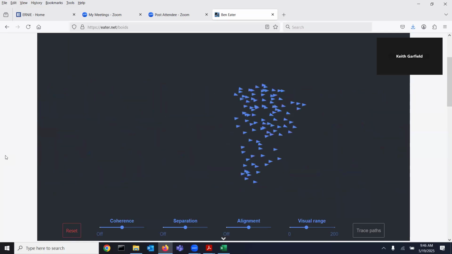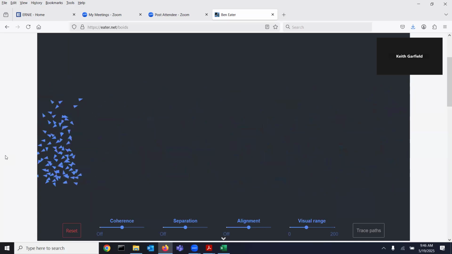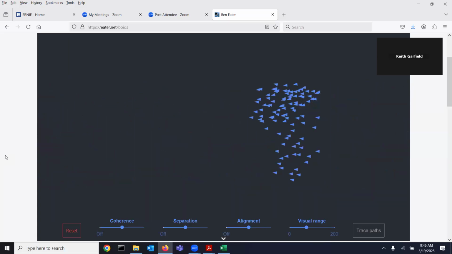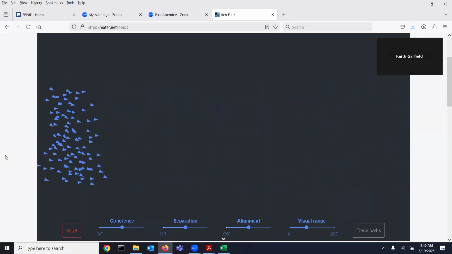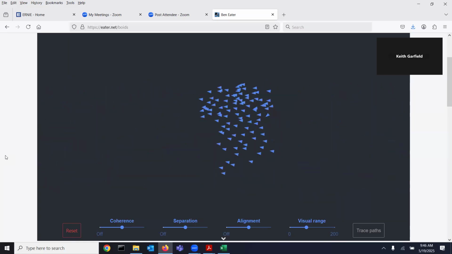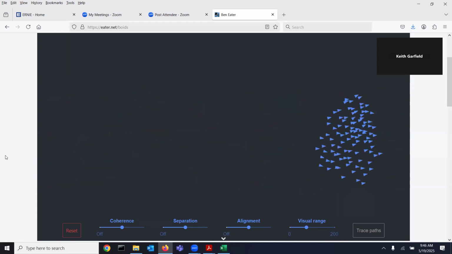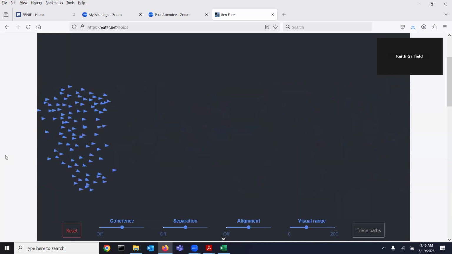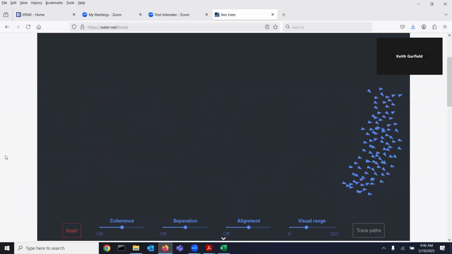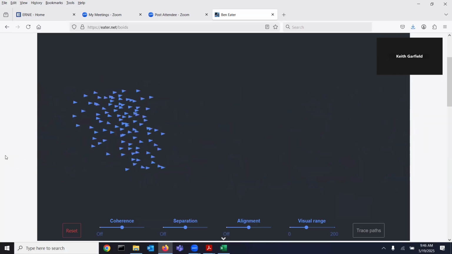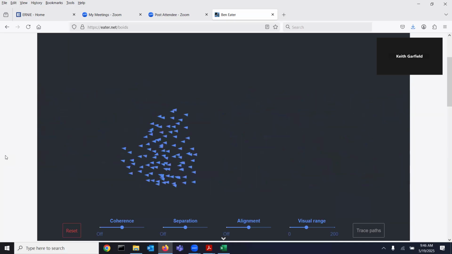So what's happening is, at each time step, this is a time step simulation, they're going within their visual range, and they're making a circle. And for every other Boid within their visual range, they are checking the alignment. So they'll average the direction that all the neighbors are going, and then they'll use that as part of a vector.